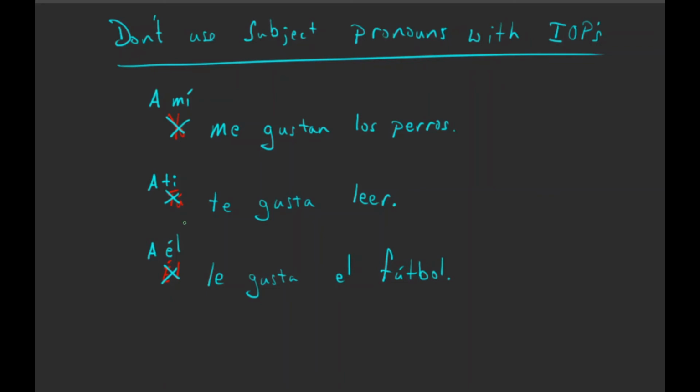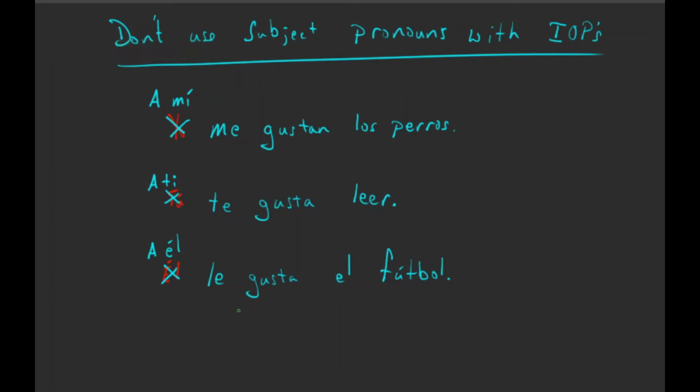So the first sentence would interpret as I like dogs, where what it's literally saying is to me, they are pleasing, the dogs. Same thing with the second one. Our interpretation of that would be you like to read, where what it actually says is reading is pleasing to you, except it's reversed from that, the structure of the sentence.